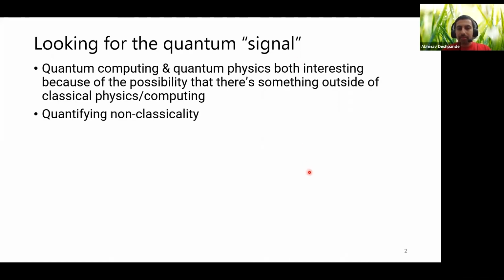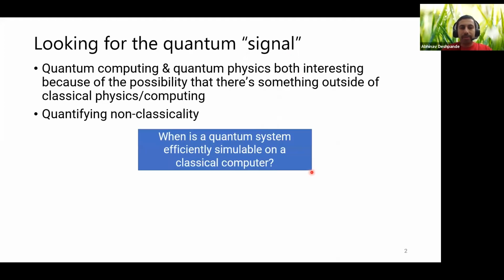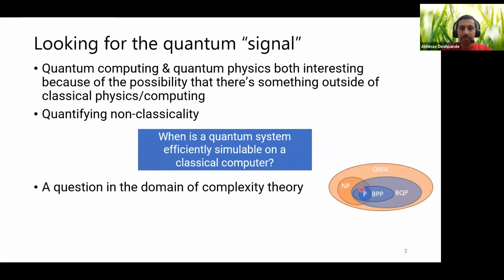One way of quantifying non-classicality is therefore to ask this question: when is a quantum system efficiently simulable on a classical computer? This is a question in the domain of computational complexity theory, where we draw phase-like complexity diagrams like this and characterize problems into various classes.